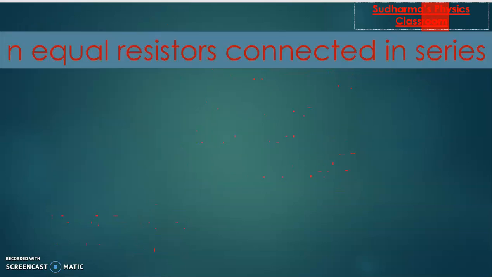Now, if equal resistors are connected in series, I can write Rs is equal to R plus R, right? If 3 resistors are connected, then R plus R plus R is 3 times R. If it is 4 equal resistors connected in series, that's going to be 4R.